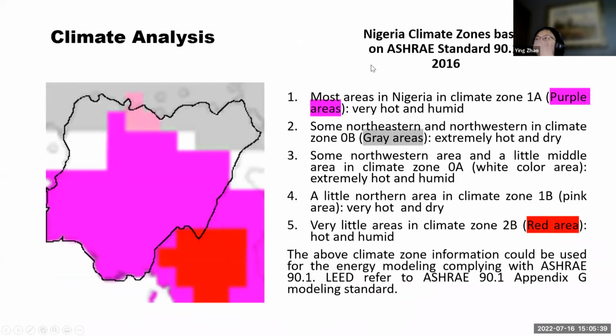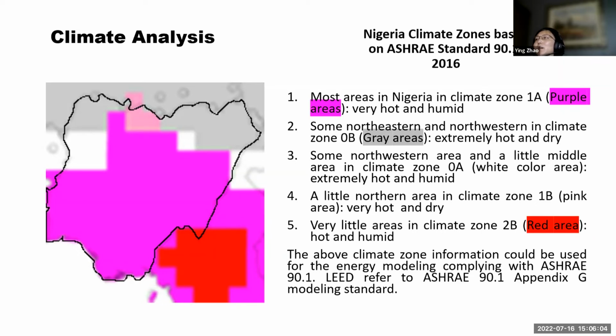For Nigeria, you can ignore the climate zone because they are defined in different systems and standards, but I just use ASHRAE, the American Society of Heating, Refrigerating and Air-Conditioning Engineers, which defines the climate zones.